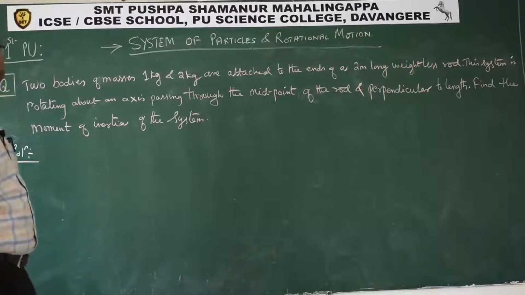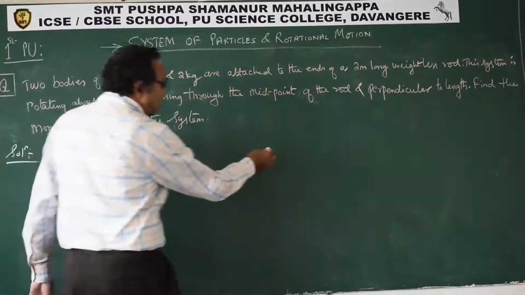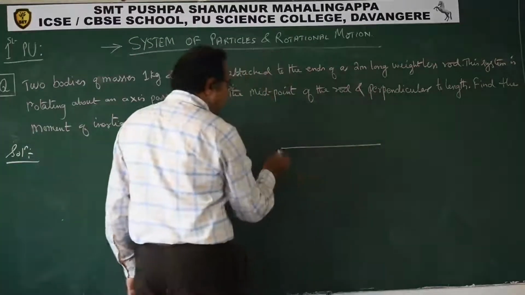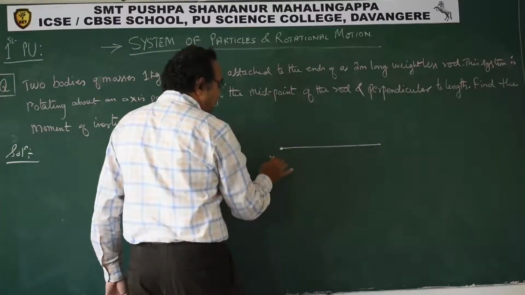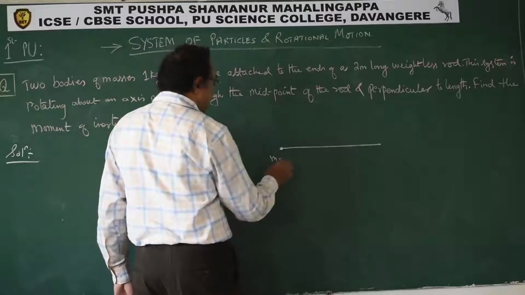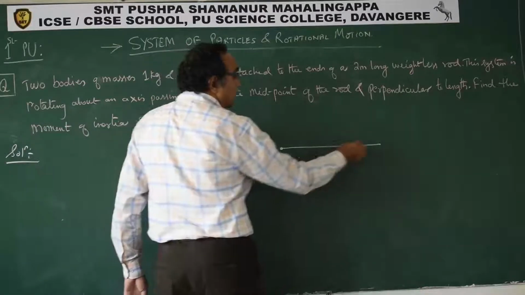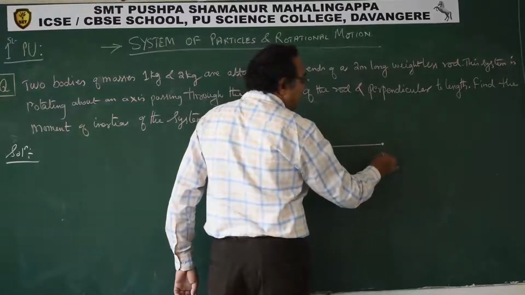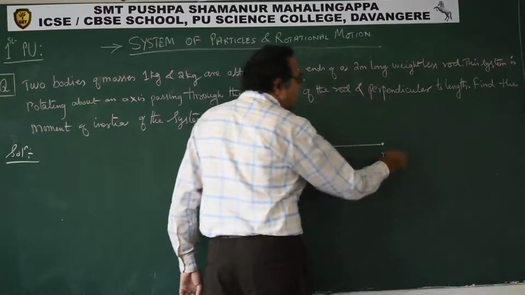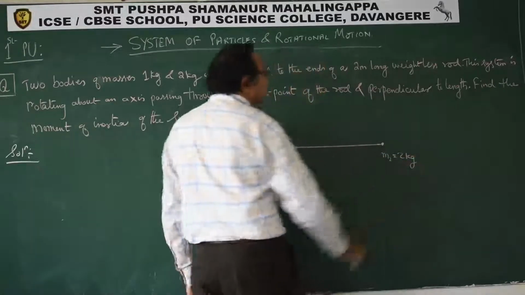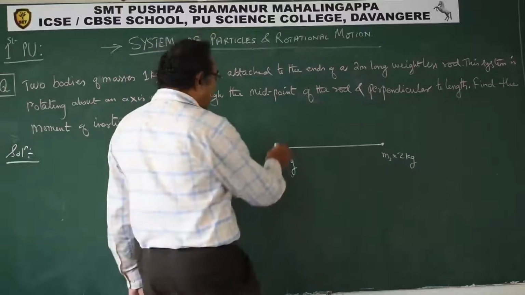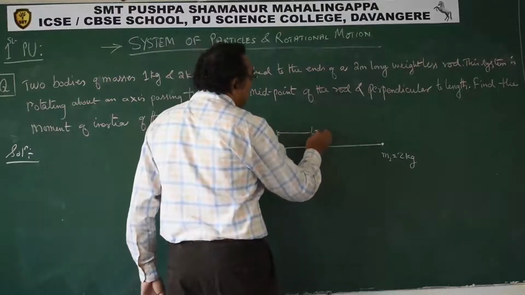Find the moment of inertia of the system. If I try to show this in the form of a diagram, here you have M1 which is 1 kg. Here you have M2 which is 2 kg, and it is saying that the length of the rod is 2 meter.